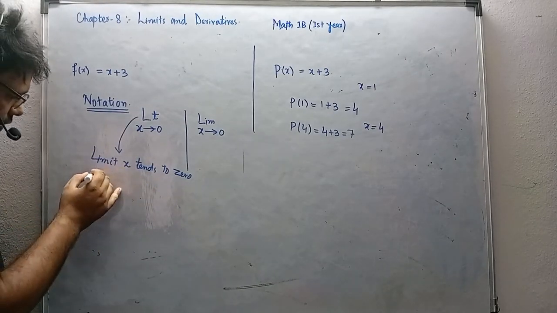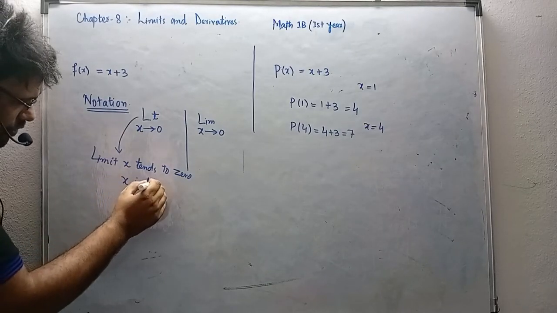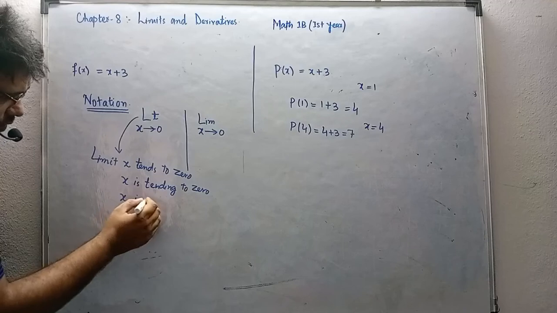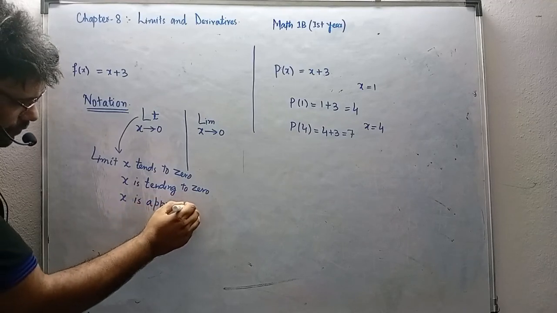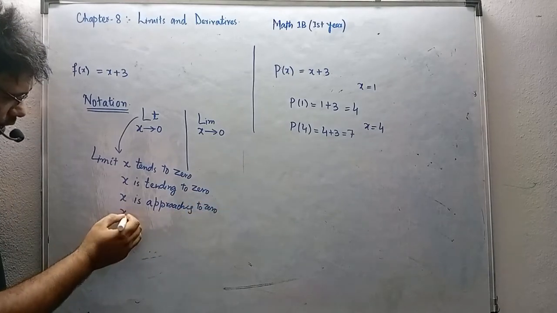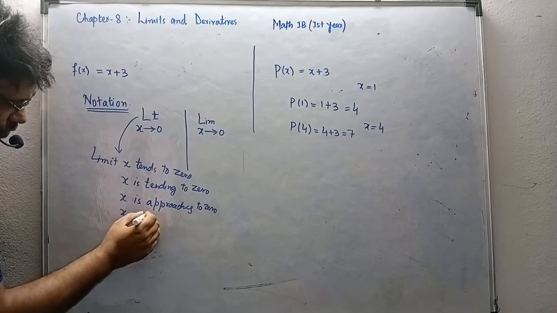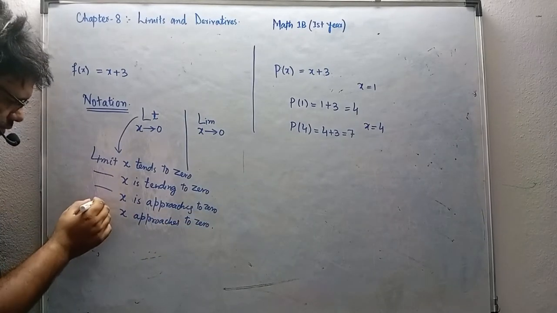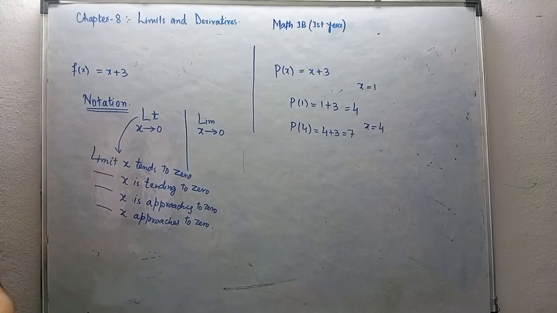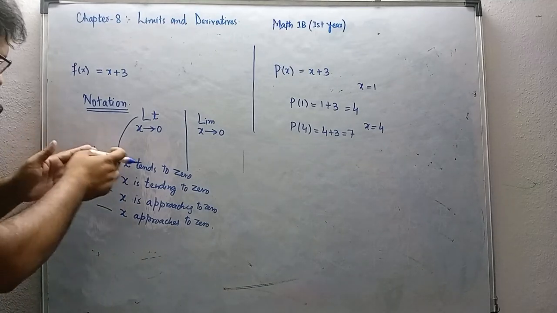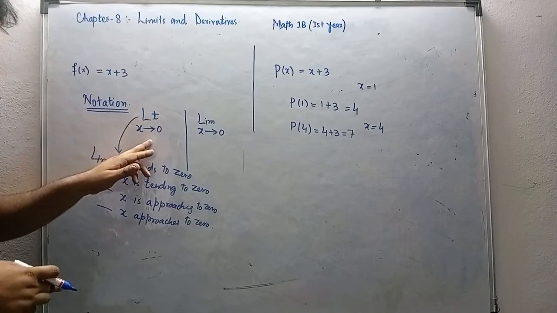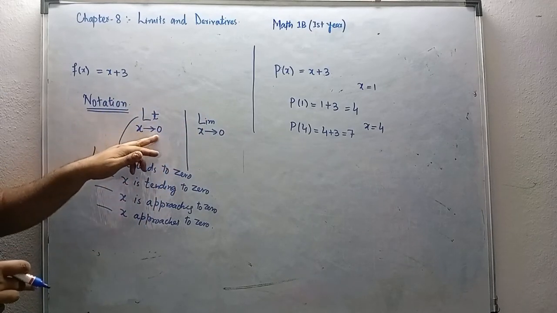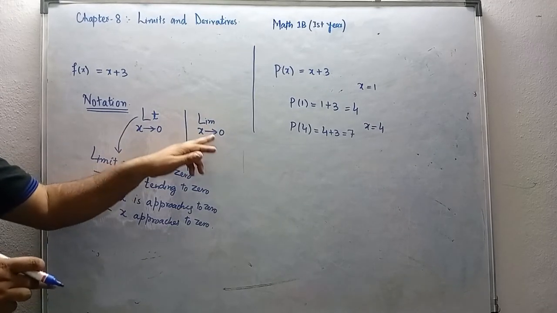We can read it as limit x is tending to 0, limit x is approaching 0, or limit x approaches 0. LT stands for limit and LIM stands for limit. Limit x is tending to 0, x is approaching 0.